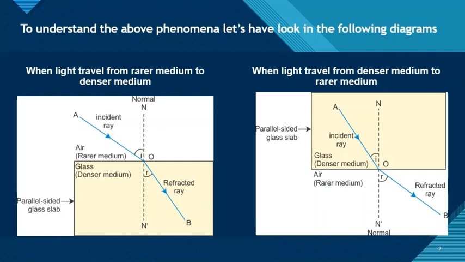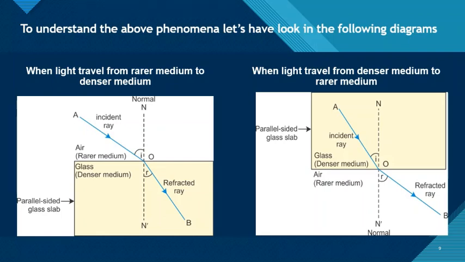When light travels from a rarer medium to a denser medium, it bends towards the normal. In the left side of the diagram, air is the rarer medium and glass is the denser medium. When the incident ray hits one point at the interface of the two mediums, it bends towards the normal.